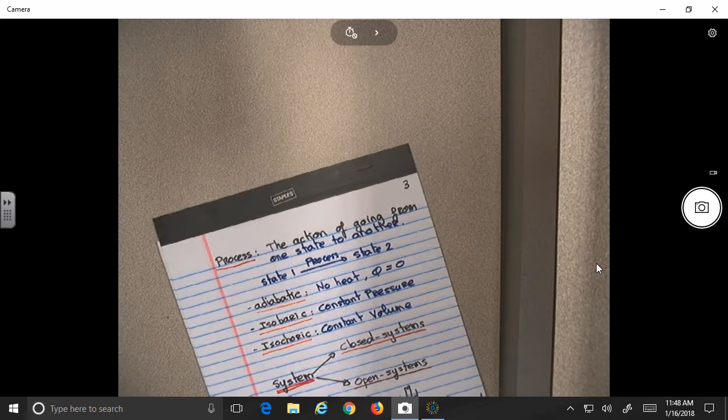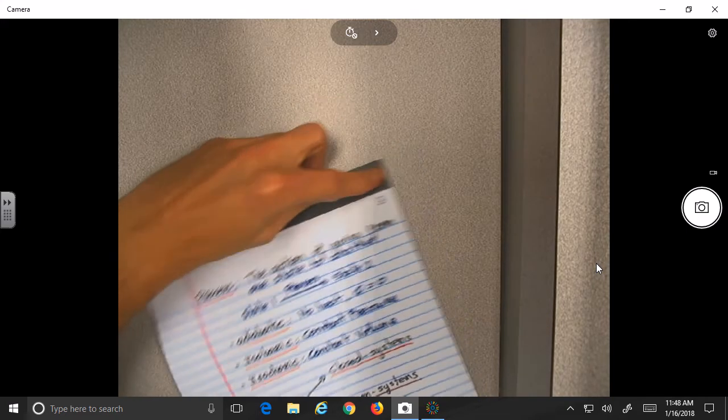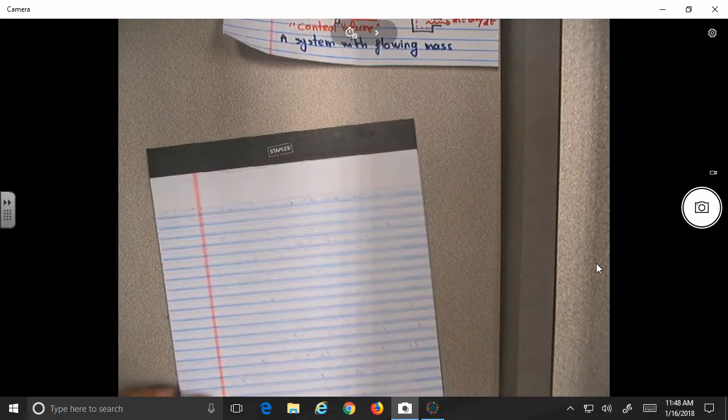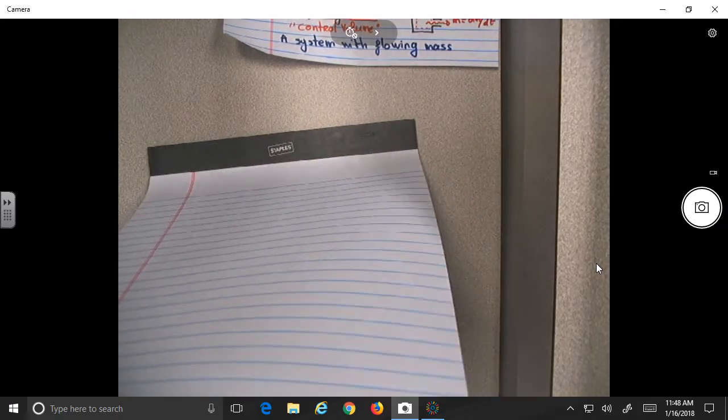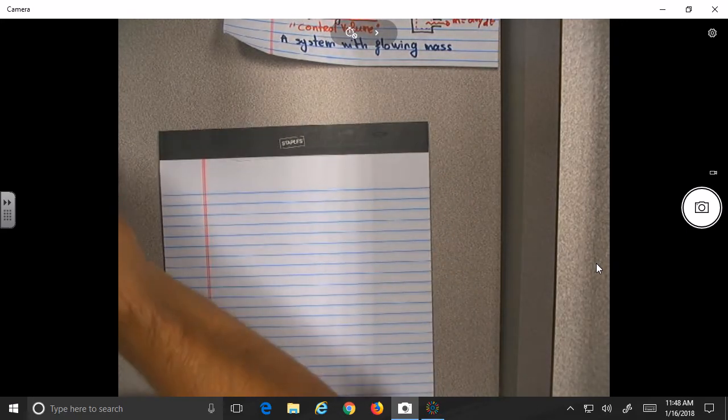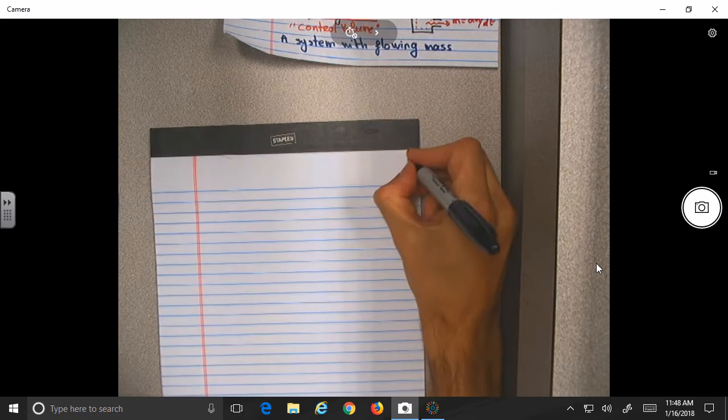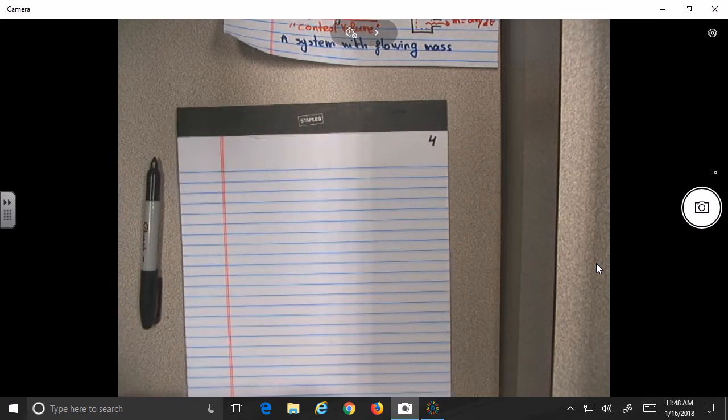All right, so 1, 2, 3, four. Okay, here I'm going to answer a question so that you know that if we don't use the table, the other solution is a lot worse.